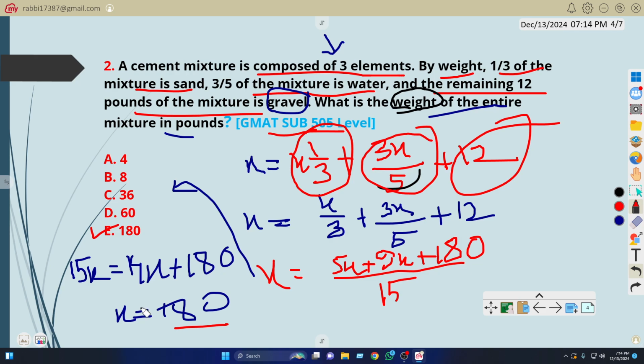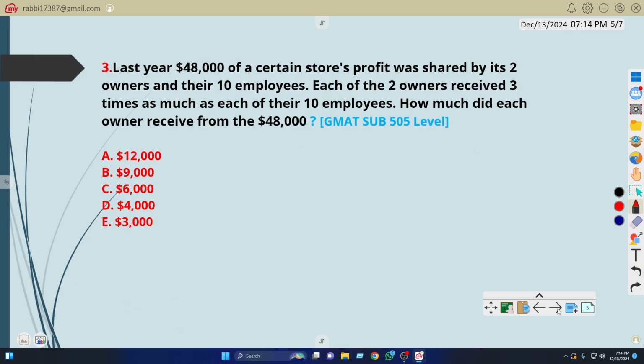Here 180 divided by 3 will be the sand, and 3 into 180 divided by 5 will be the water, and gravel is only 12 pounds. So the correct answer is 180. So we can move forward to our next question. I hope you understand the question, and if you have any questions, you should say.